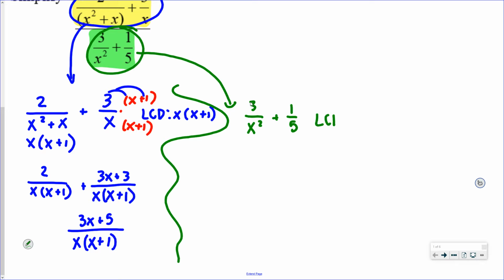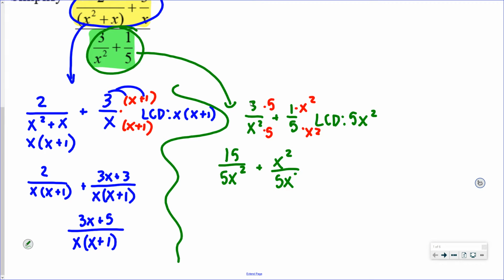So my LCD for this one would be 5x squared. So this first fraction, just times the top and bottom by 5. Second one, times the top and bottom by x squared. Okay, everybody with me? So I get 15 over 5x squared plus x squared over 5x squared.